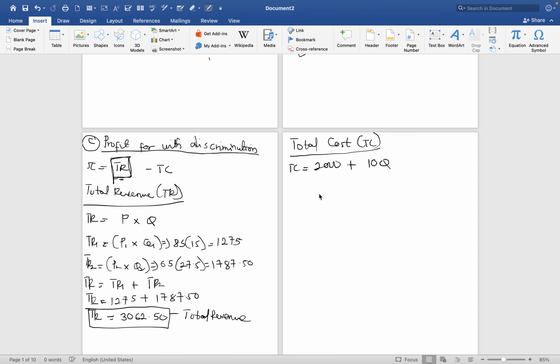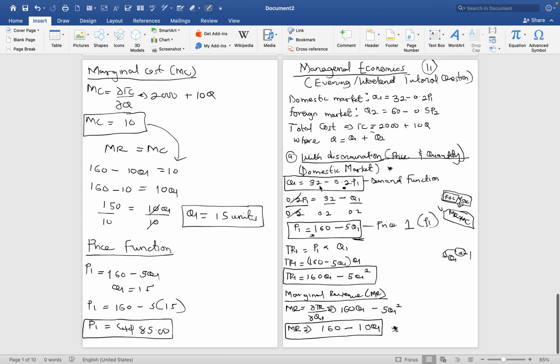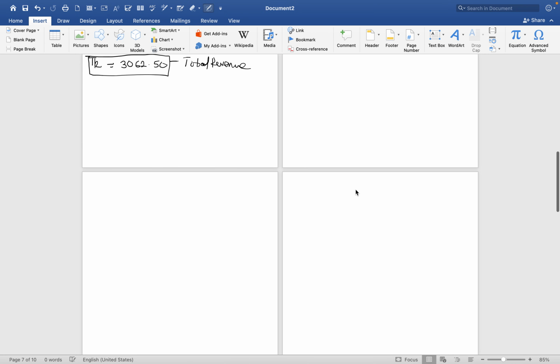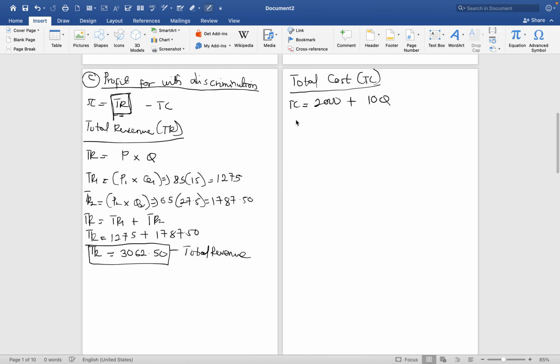Now, take note, in the question they gave us a condition. They said wherever we see K, it should be what? K is Q, where Q is Q1 plus Q2.